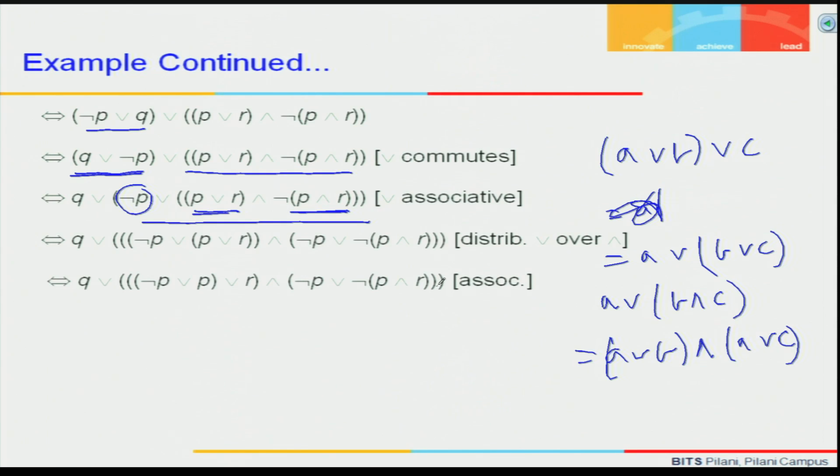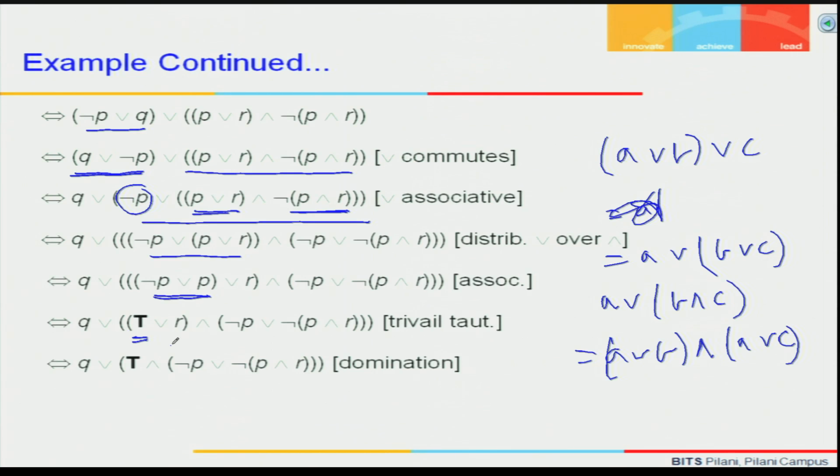I put the associative law over here. Not P or R is equivalent to not P or P or R, but not P or P is the same as true. This is again one law we have seen, the trivial tautology, that is what it is known as.